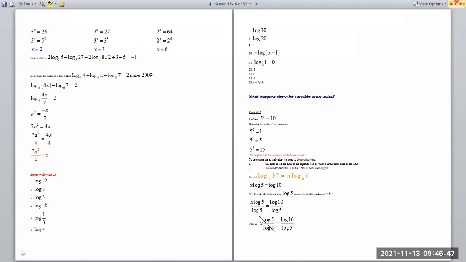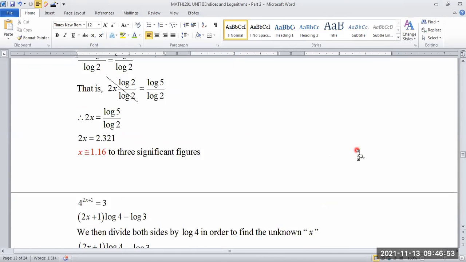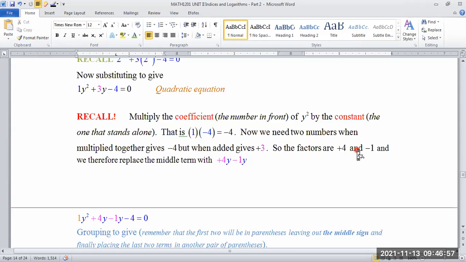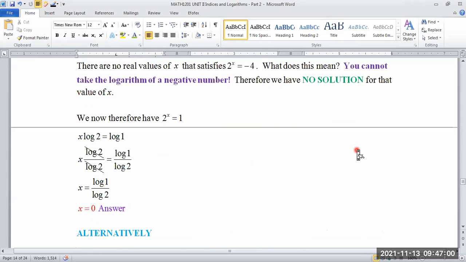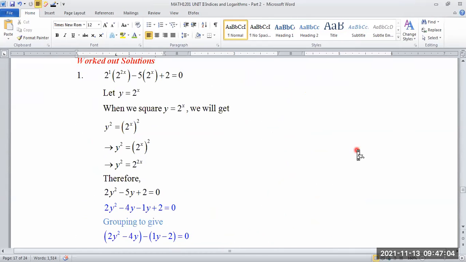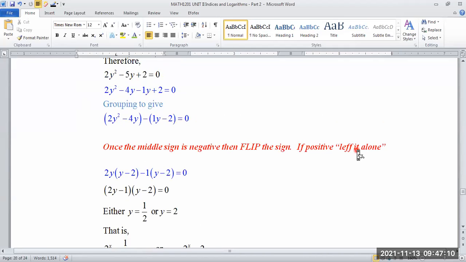So let me just hold on. No man, y is not equal to 1, y is equal to 2.5.